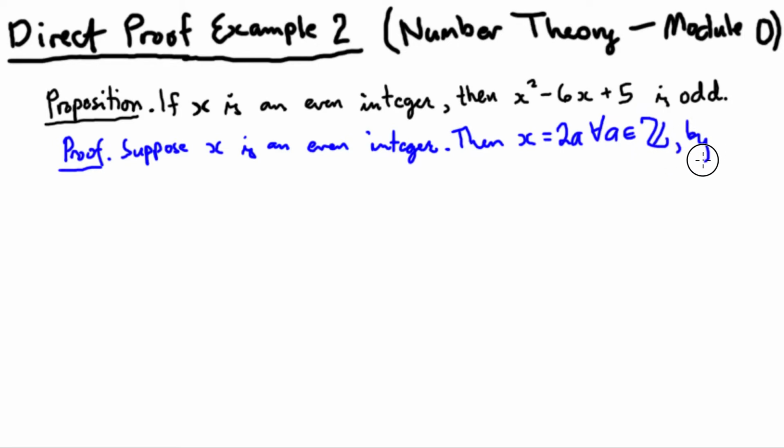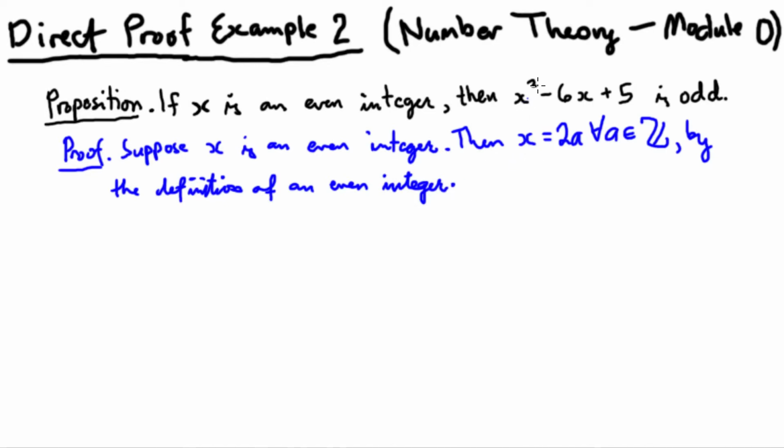By common practice, we put by the definition of an even integer. So if that's the case, x is equal to 2a.